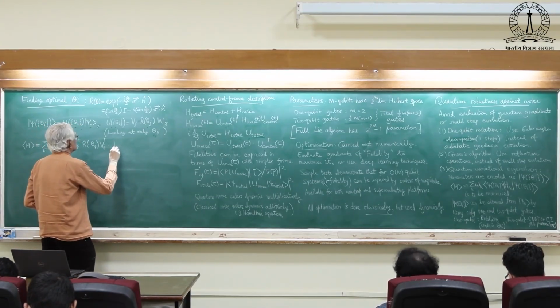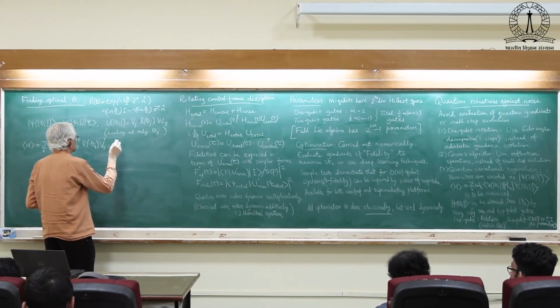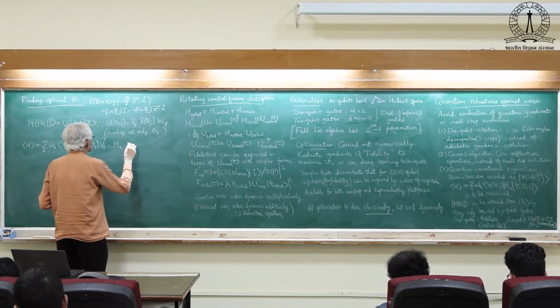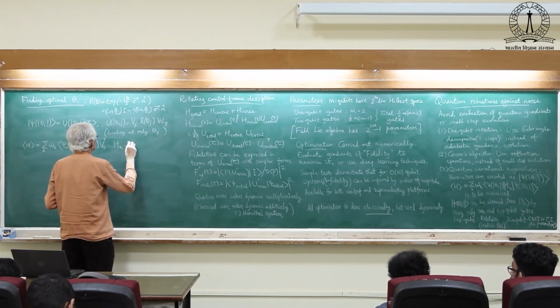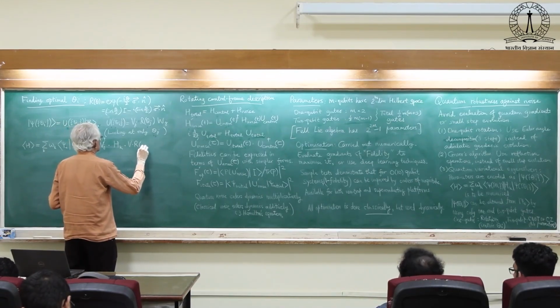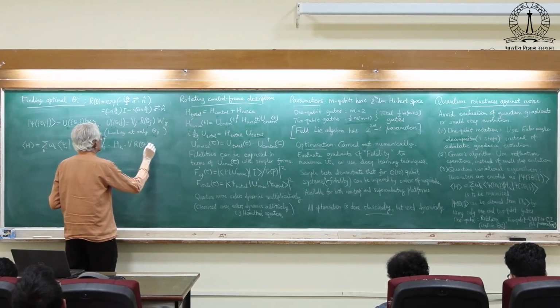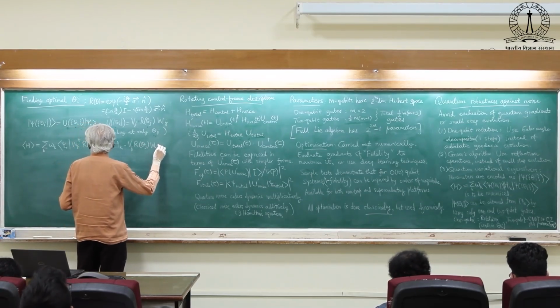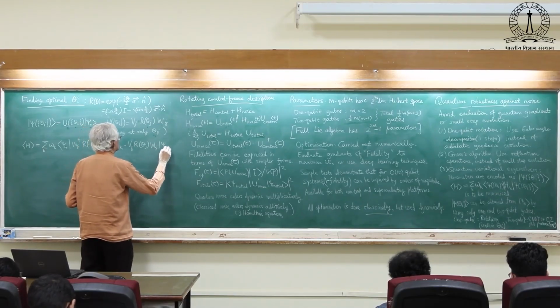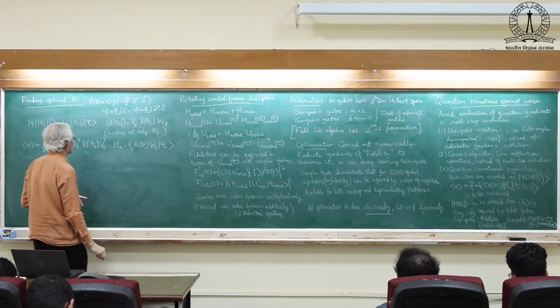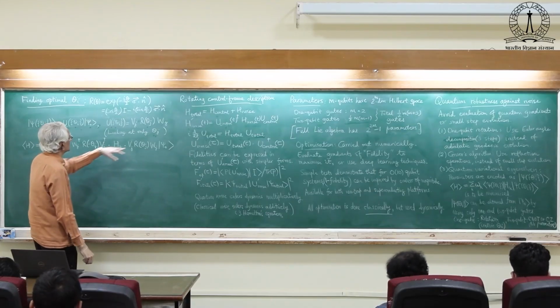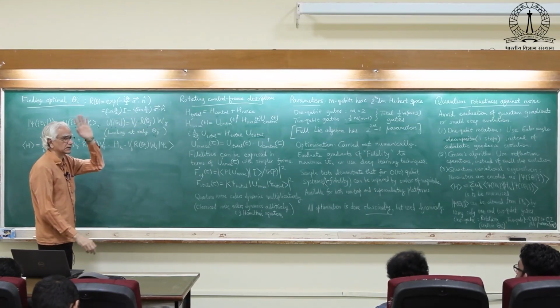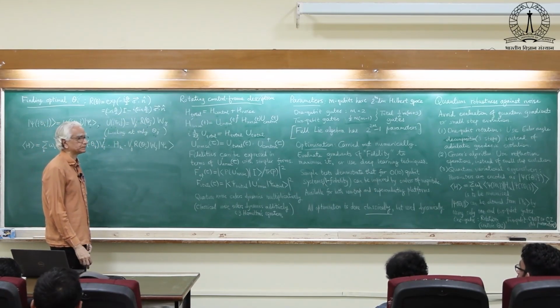That is one part. Then there is an H k, which doesn't depend on theta j, and then there is V R theta j acting on psi 0. I just wrote down everything in detail.